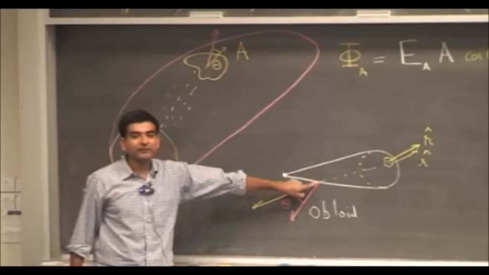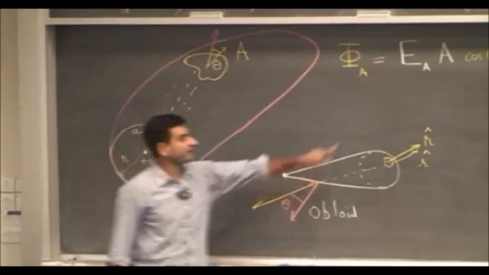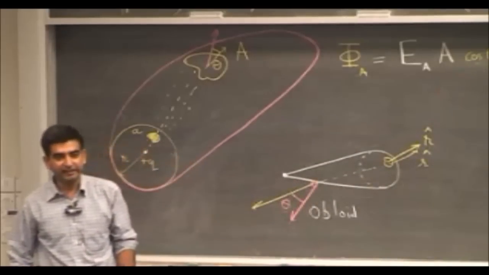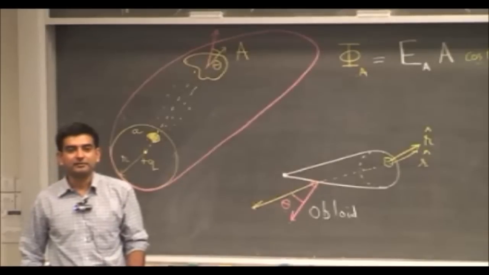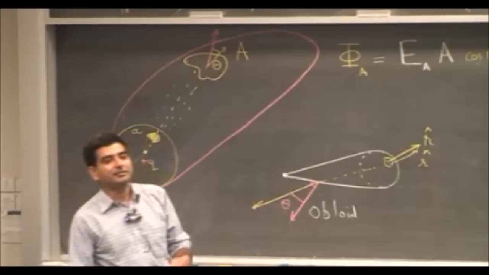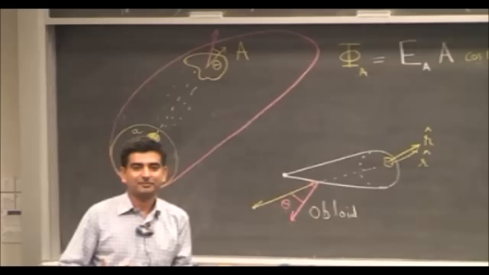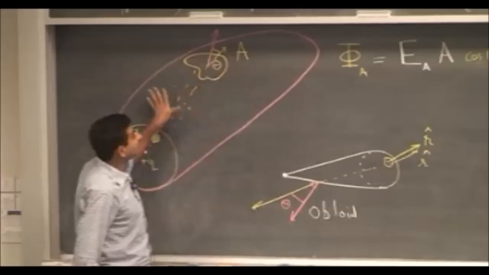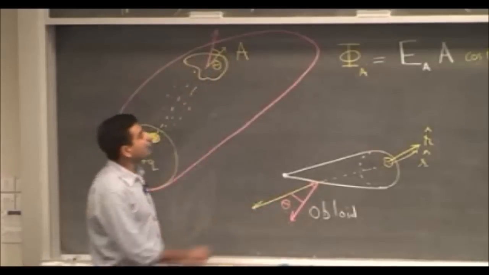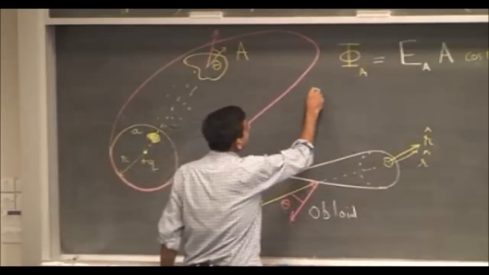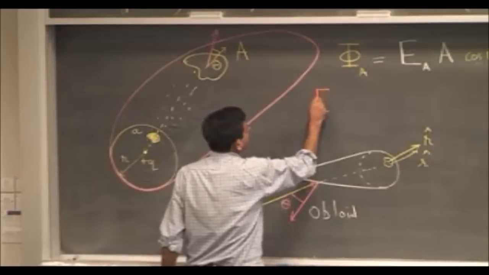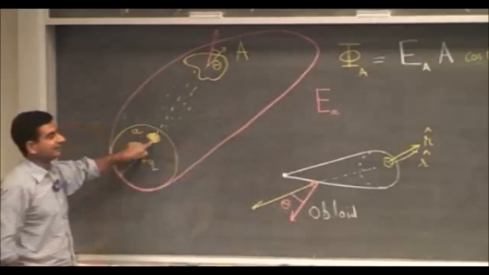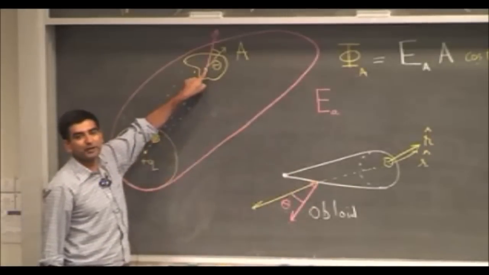So if I were to calculate the flux through this patch, I would have a cosine theta factor. Now do you understand? Is it clear? Silence means half-heartedness. Is it clear? Got it. So this is the flux through this area, and this surface is no longer spherical. Now, if I know the electric field at this point, do I know what the electric field is going to be at this point?